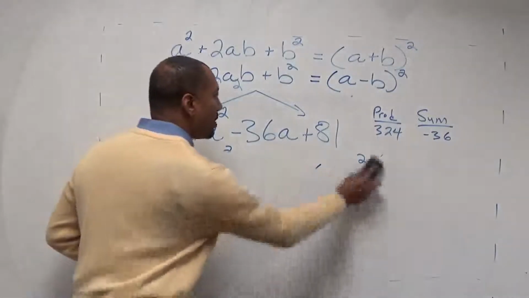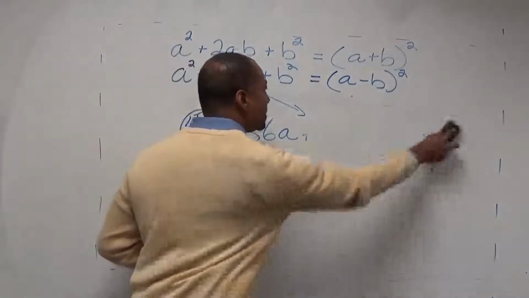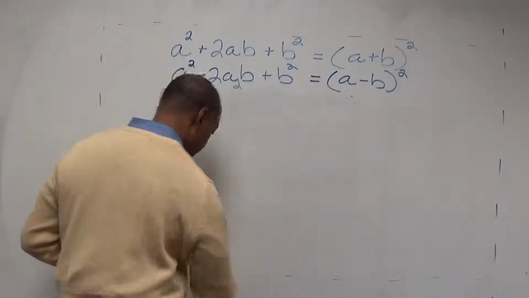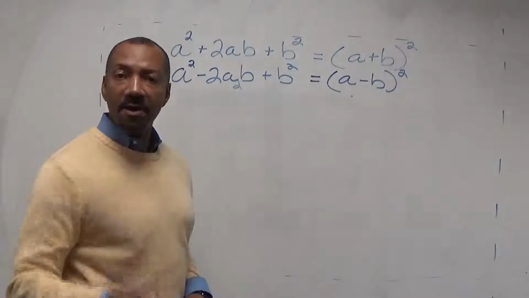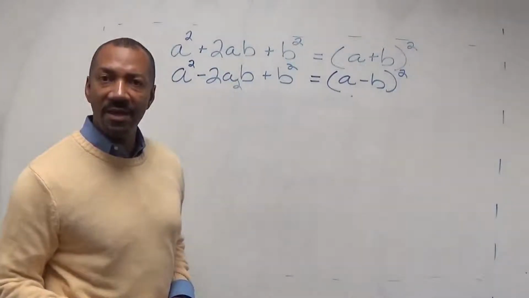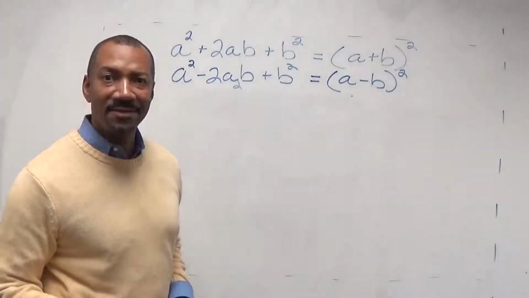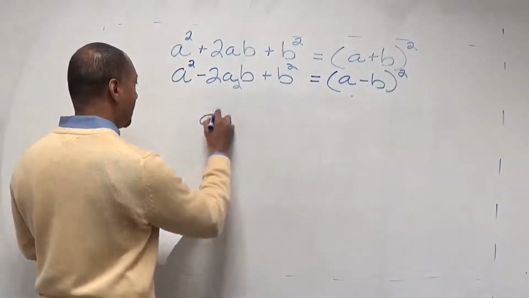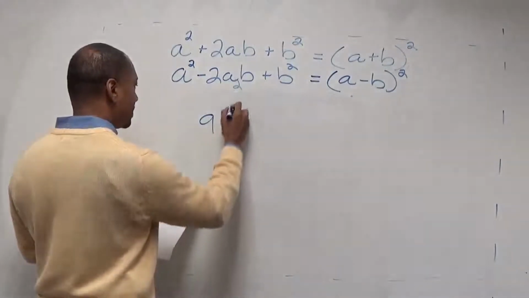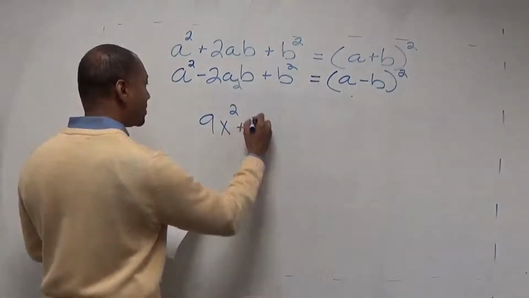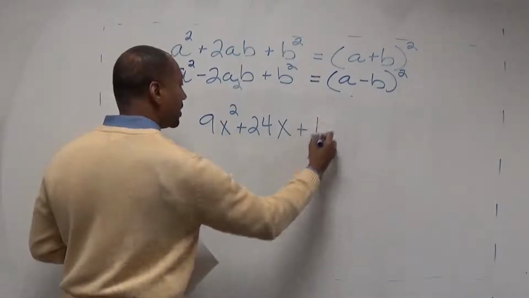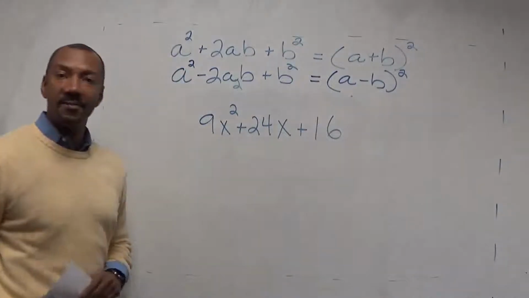I'm going to put the problem up on the board, and you see if you can pause the video and work ahead of me and see if you can get the same answer that I do. Okay, so they give us 9x squared plus 24x plus 16.